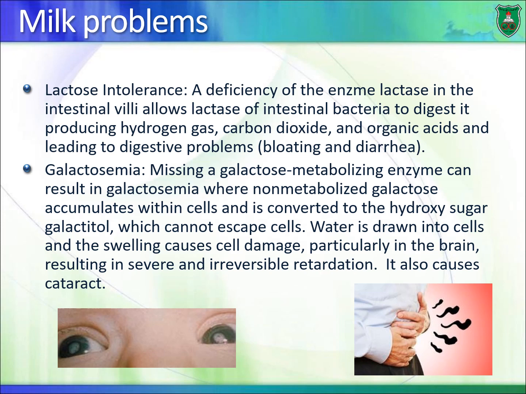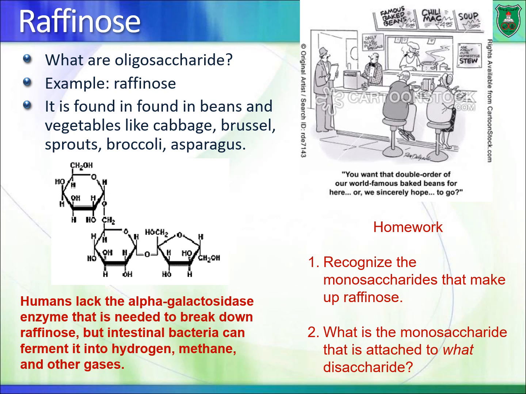And it can cause cataract as well, okay, as you can see in here. As you know, and I think it's mandatory in the US to check for deficiency in galactose metabolizing enzymes. So these are the disaccharides.